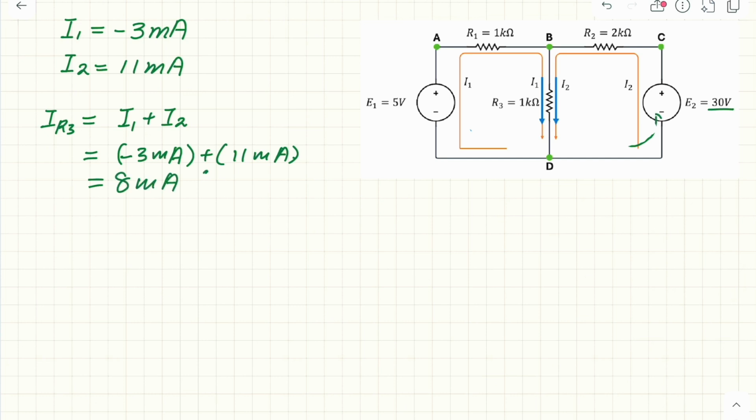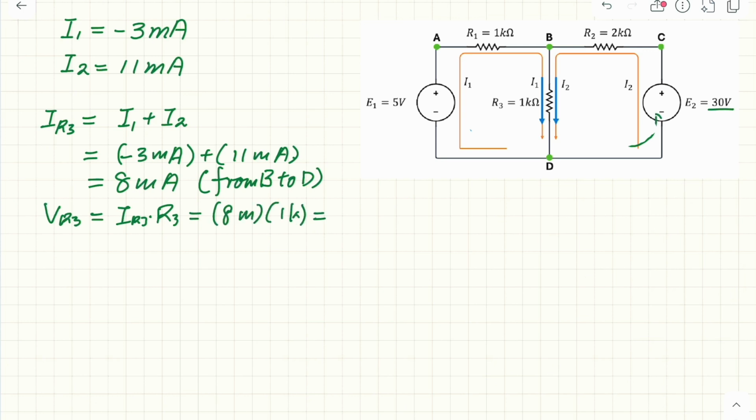And we just make a note here that it is from node B to D, or you can say from top to bottom. Now the voltage across R3 is IR3 times R3, and this is 8M times 1K, and this is equal to 8 volt.